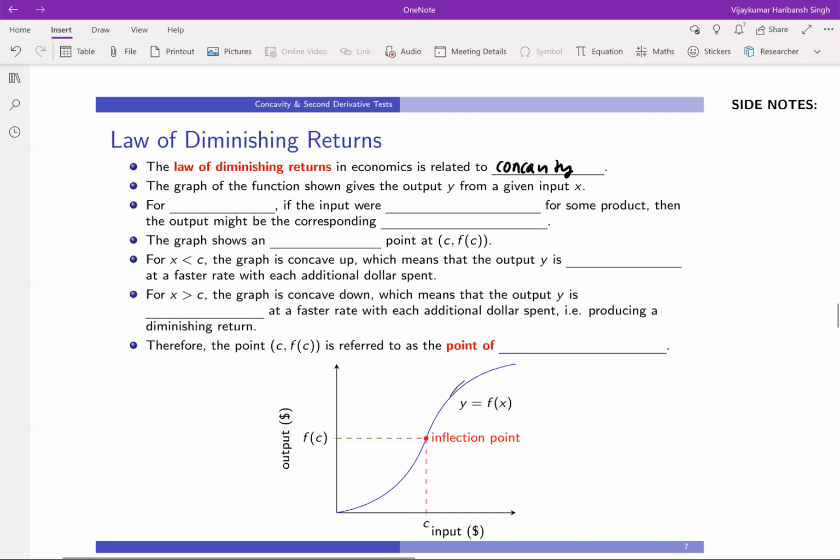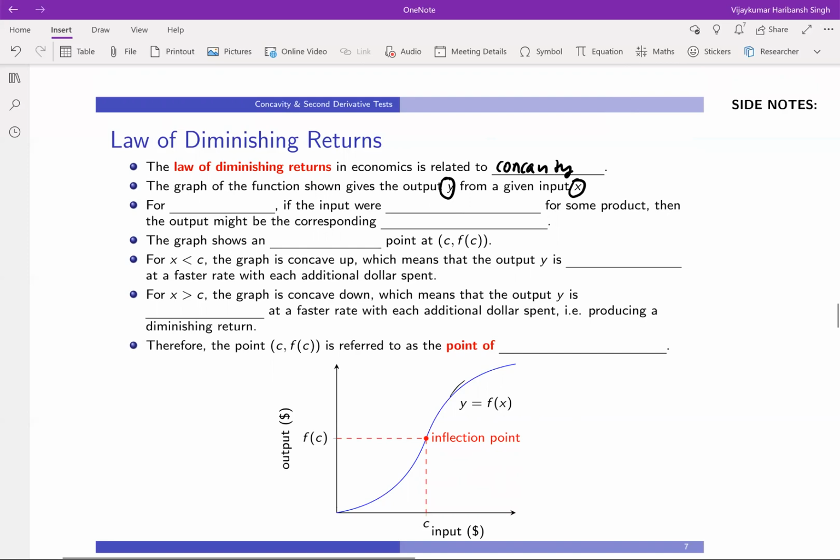Okay. So let's be given the following. The graph of a function gives an output y, say, some output of an object y in terms of input x, right?